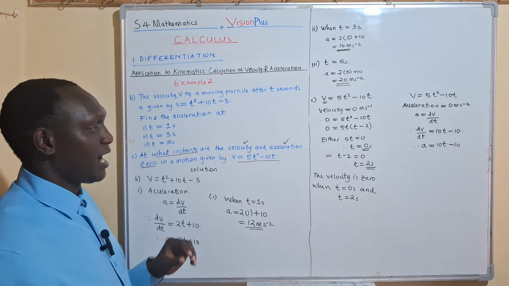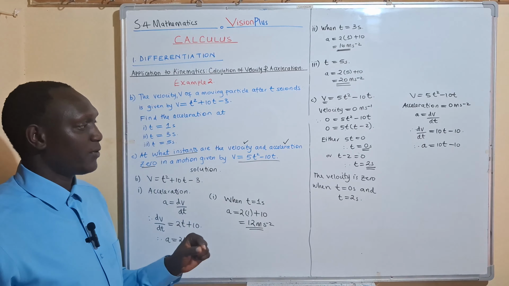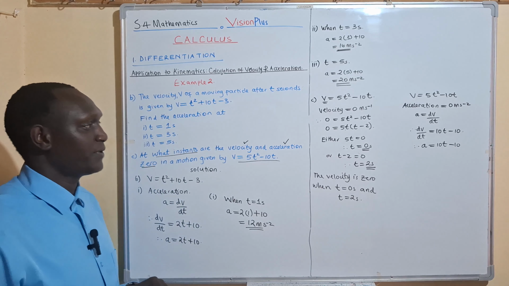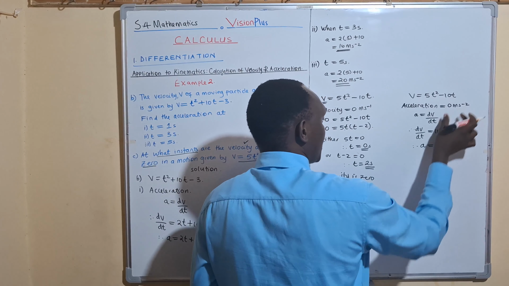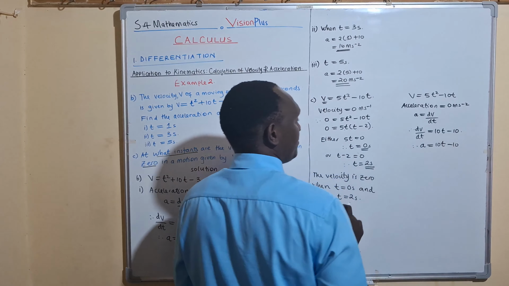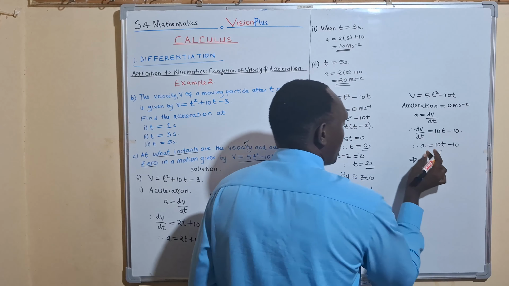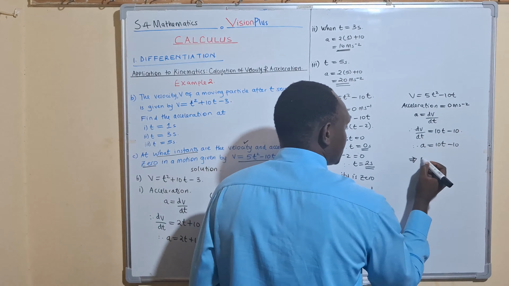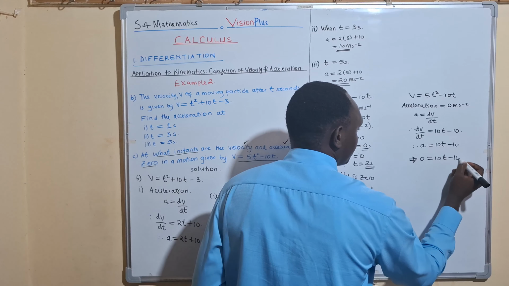Now, at what instant is the acceleration 0? In other words, at what time is the acceleration 0? That means we shall substitute for acceleration as 0, then we'll look for the time when it is 0. This implies that our acceleration a is 0. So we say 0 equals 10t minus 10.